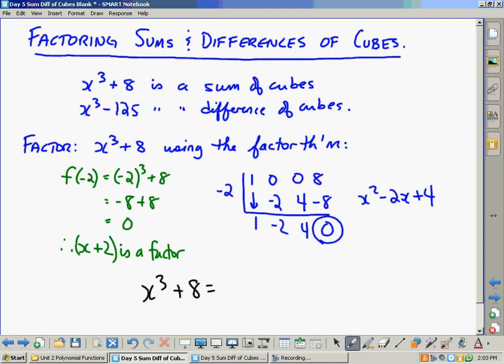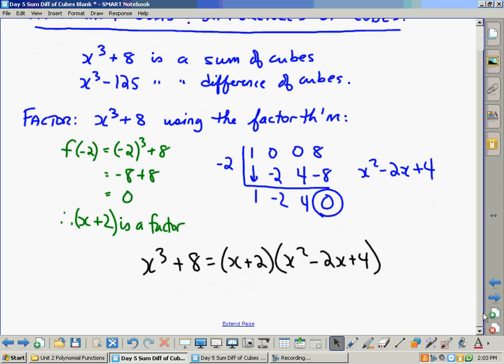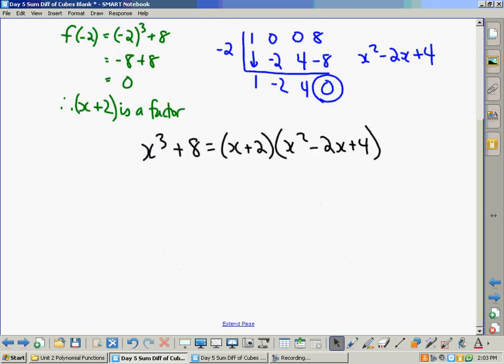We knew that it can factor into x plus 2 times whatever's left over, which is x squared minus 2x plus 4. Now, the question is, can we look at this? We know that that's the answer. That is the factor. We were able to factor it. The question is, how can we come up with that quicker without having to go through the long division?